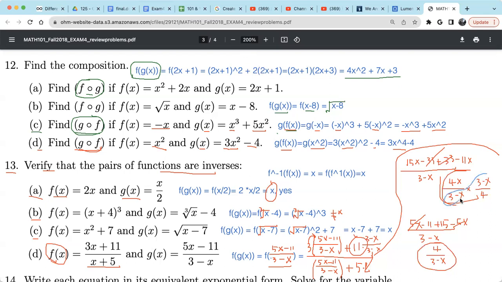Something divided by itself becomes 1. I have 4x divided by 4, so the 4 cancels with this 4. Oh, bingo, I'm left with x, identity. So for D, yes, F and G are inverse of each other, because when I compose those two functions, I get an x, which is an identity function.